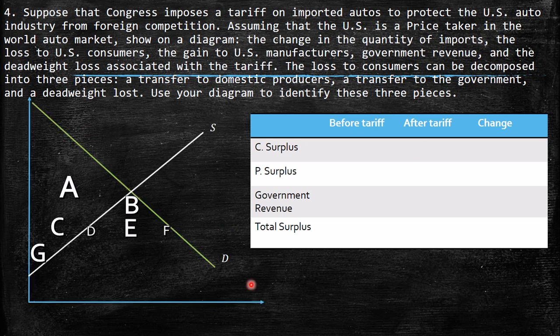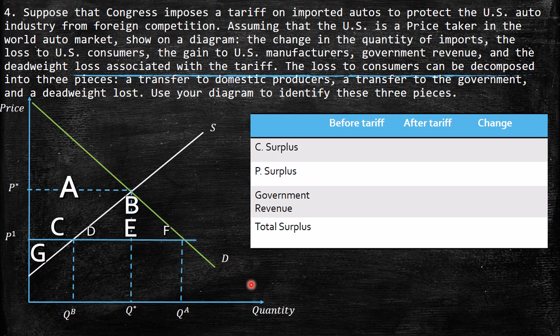So here we have the natural case, which is supply and demand. We have the P star, Q star of the auto market in the US. But remember, they are importers. So it means that P1, the price before the tariff, is going to be lower than P star. In this case, we have QA, which is the demand of the US market, and QB, which is the producers' quantity given P1.